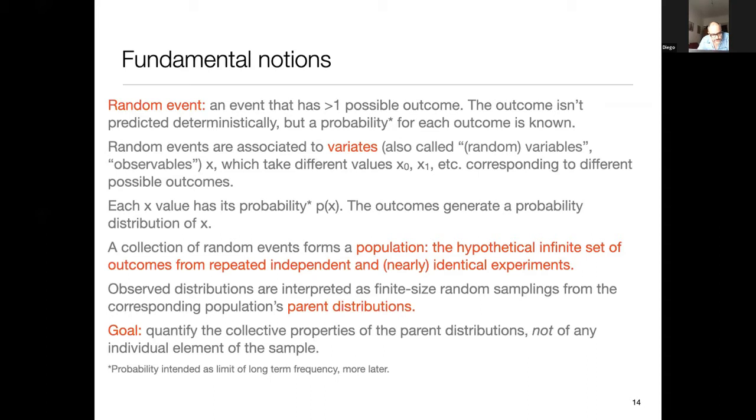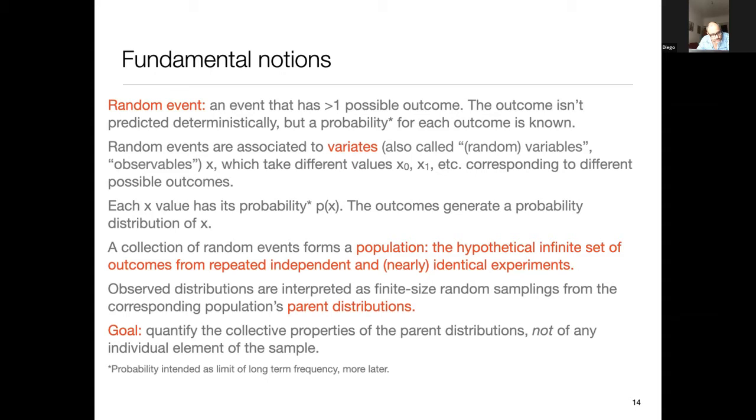Now, a collection of random events forms a population, and the population is an abstract concept that indicates the hypothetical infinite outcomes from repeated experiments that have to be independent and nearly identical. So, of course, this is an abstract concept because nobody makes infinite experiments.